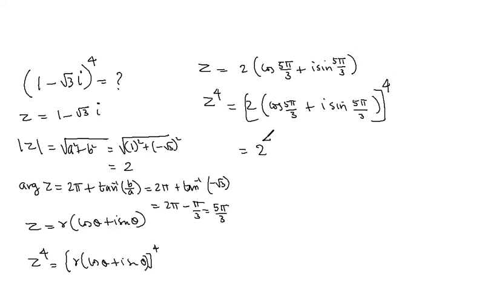Which became 2 raised to 4, cos of 5 pi by 3 multiplied by 4, so 20 pi by 3, plus i sin 20 pi by 3. Now to calculate the value, 2 raised to 4 is 16.